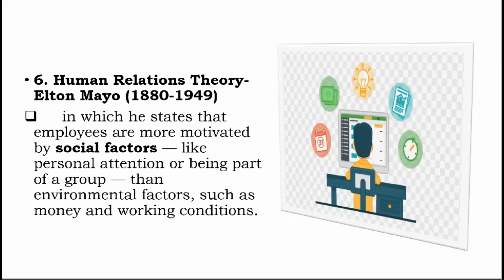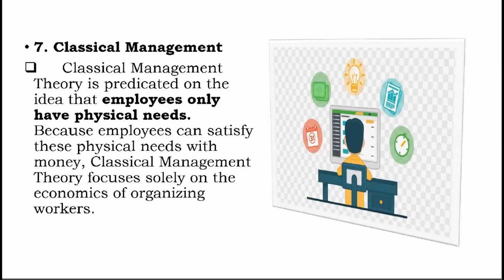Okay? Another theory. We also have here din po the classical management. Okay? When we say classical management naman, so dito po, it's predicated on the idea that employees only have physical needs. So when we say physical needs, it satisfies the employee po with money. Okay?